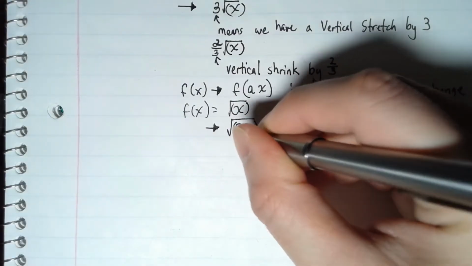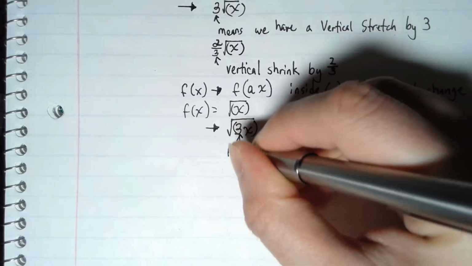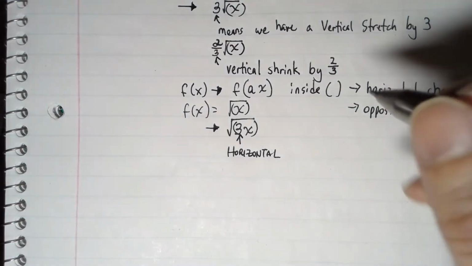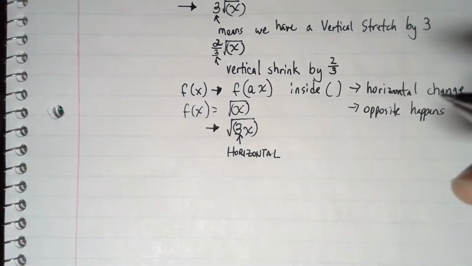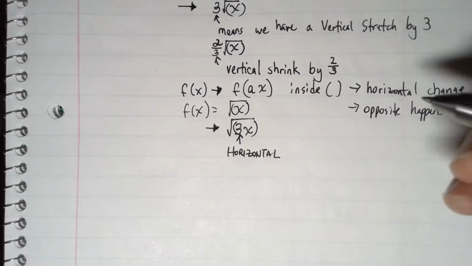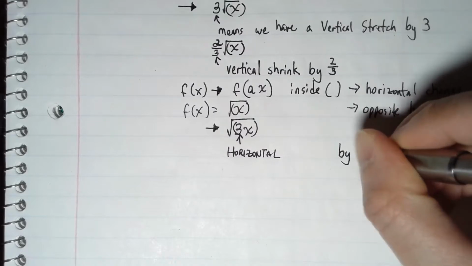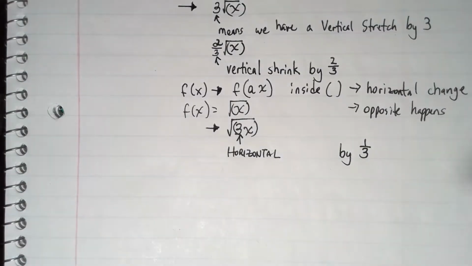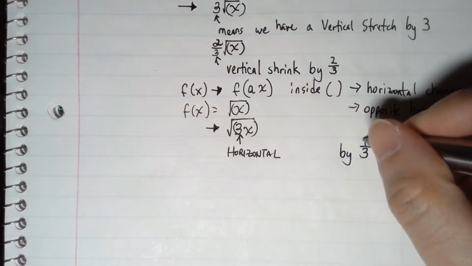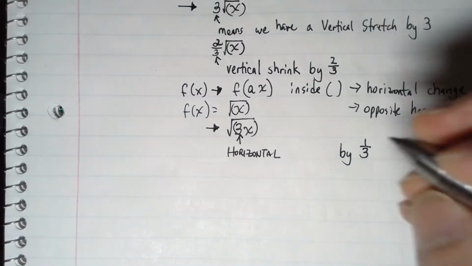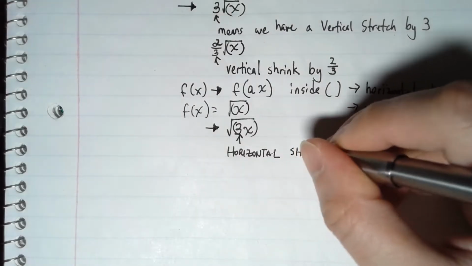So this means that we have a horizontal shrink. And that number 3, well, let's do the opposite of times 3. Once again, means divide by 3. Or, if you do the reciprocal, it means multiplying by 1/3, which is the opposite of times 3. So 1/3 is between 0 and 1, therefore it is a shrink.